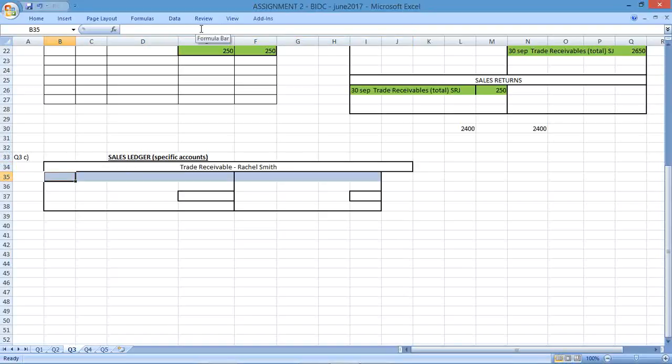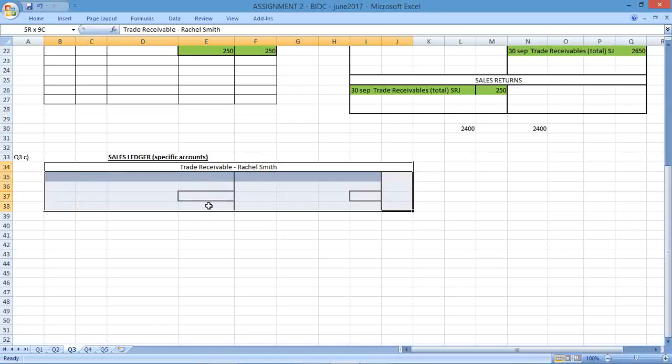They say, on 3 October, Kieran sent an invoice for 800 to Rachel Smith for goods sold to her. Okay, so if I'm looking at Kieran's business, Kieran is selling to Rachel, that will be seen as a receivable.